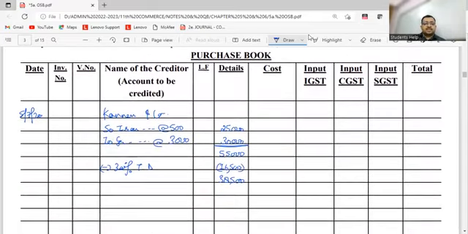6% CGST and 6% SGST. Add up both, children. 38,500, 6% works out to be 2,310, children. And 2,310.